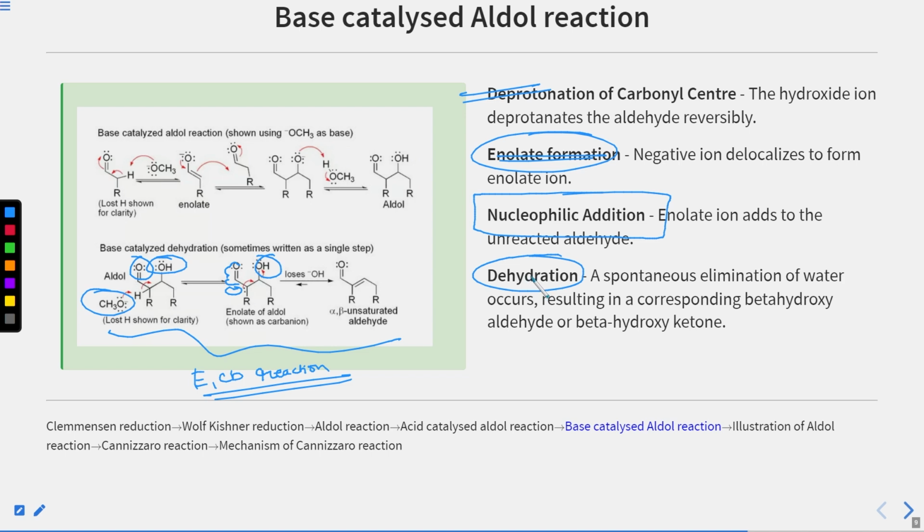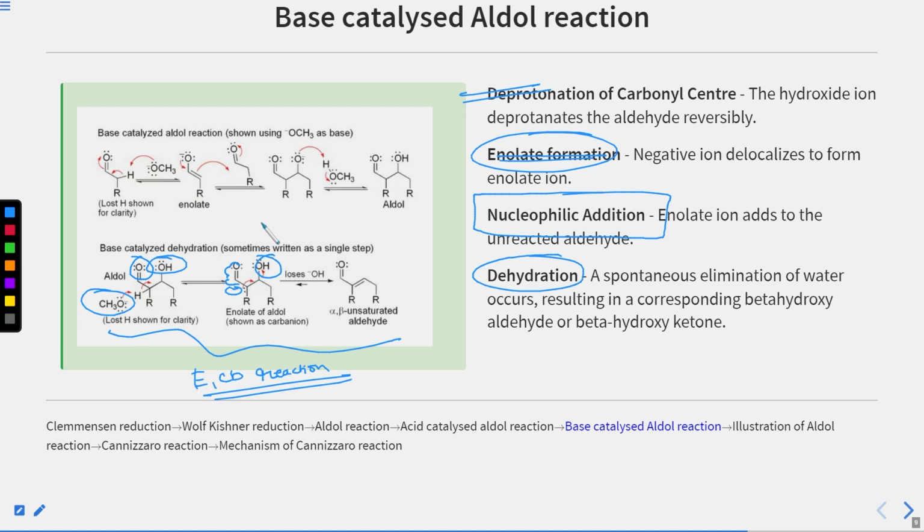The difference between the two dehydrations is that in the acid catalyzed dehydration, we first convert the OH into a good leaving group, that is H2O, by protonation of that OH group, and then we just kick it out. But in the case of base, we do it with the help of E1cB elimination, that is, conjugate base elimination. So this was the mechanism for both acid and base catalyzed aldol reaction.